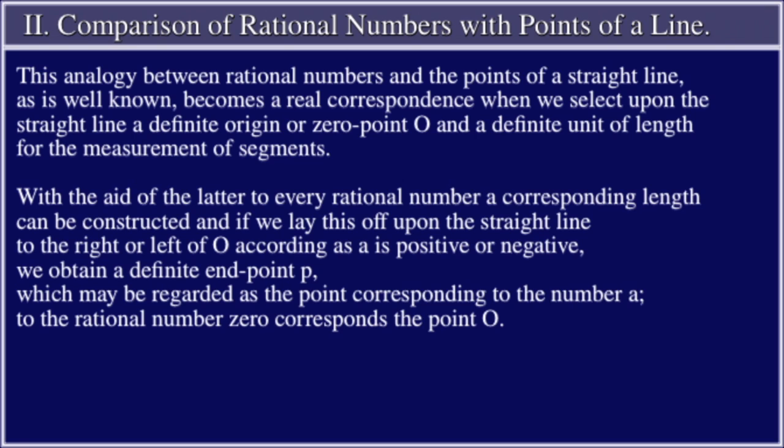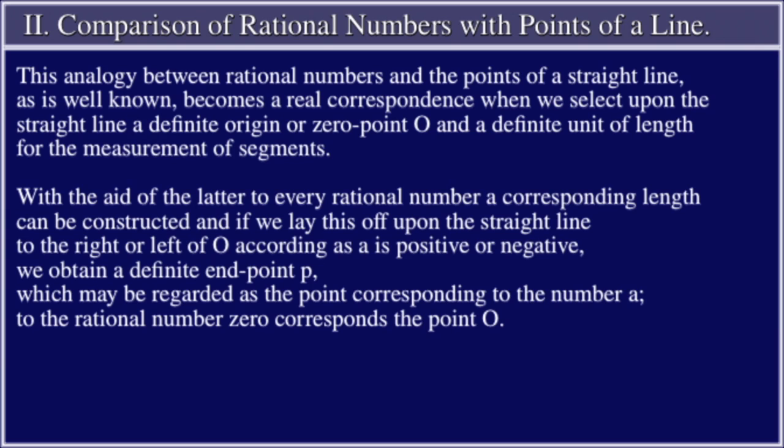This analogy between rational numbers and the points of a straight line, as is well known, becomes a real correspondence when we select upon the straight line a definite origin or 0, O, and a definite unit of length for the measurement of segments.